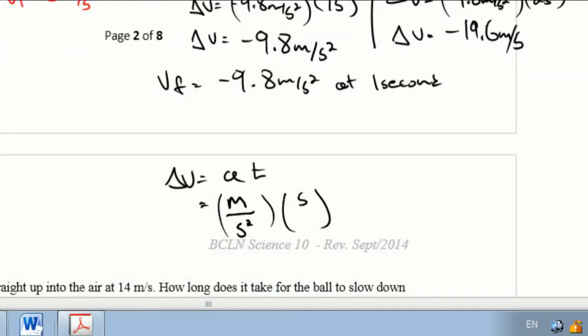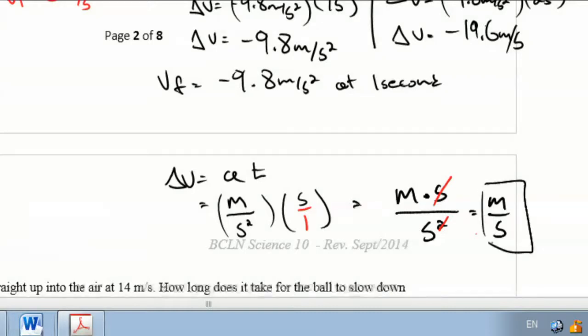If I want to exaggerate everything, this is seconds over 1. Put it all over one fraction: meters times seconds divided by seconds squared. My seconds on the top cancel with a 1 on the bottom, and I end up with just meters divided by seconds, which is what I was hoping for because it's a velocity.